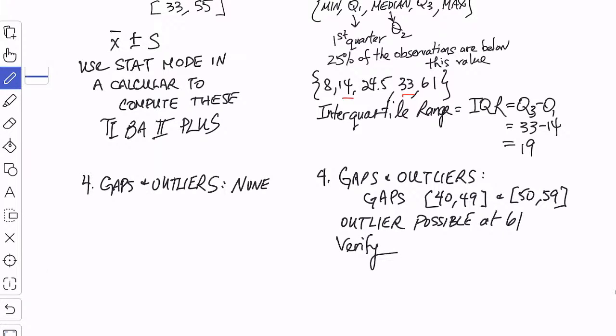What we do is we take the 5-number summary, the value of the third quartile, and we add 1.5 times the IQR. So what am I doing here?